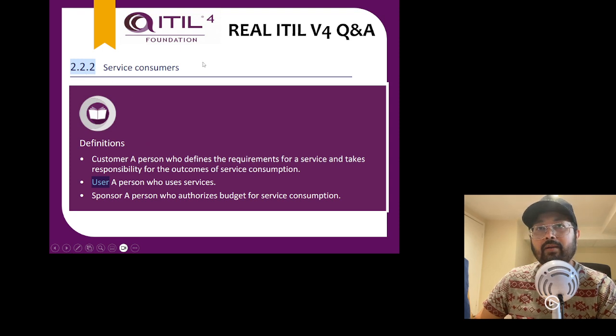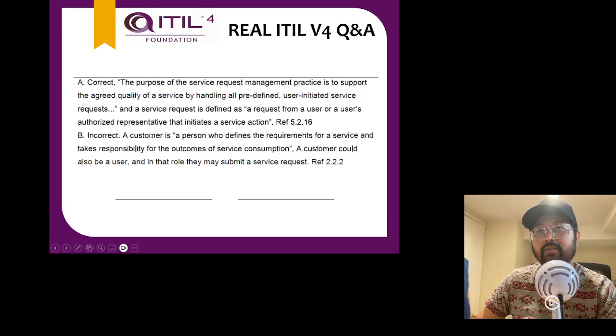Here, from the official ITIL books, service consumers is the definition. From section 2.2, there are some definitions of customer, user, and sponsor. A user is a person who uses the service. So whoever uses the service requests the service.